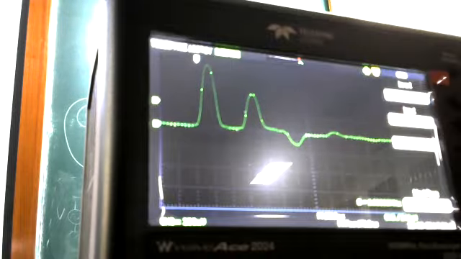Yes, no, of the first. 1/3 of the first peak. No, it's 2/3, right? Because the first peak is already 1/2 of the original pulse.